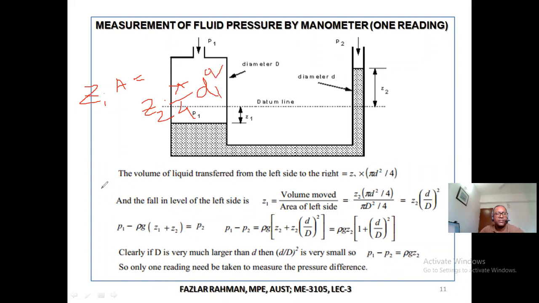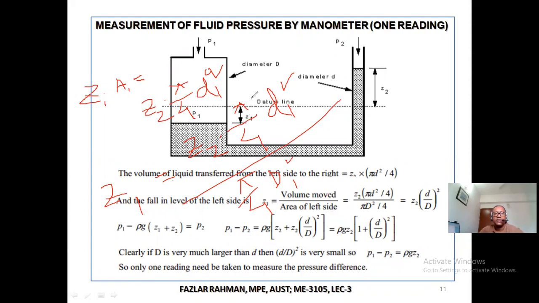So similarly, Z1 will be equal to this value, right? Z2 times pi by 4 d square divided by the area of tank 1. What is the area? Pi by 4 D whole square, right?